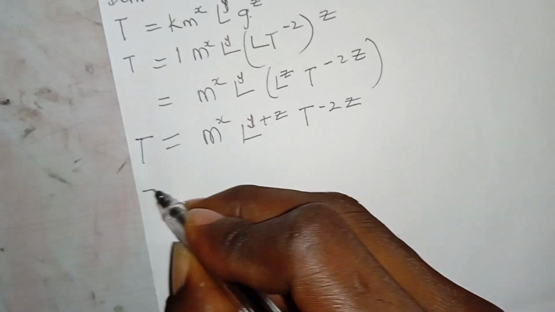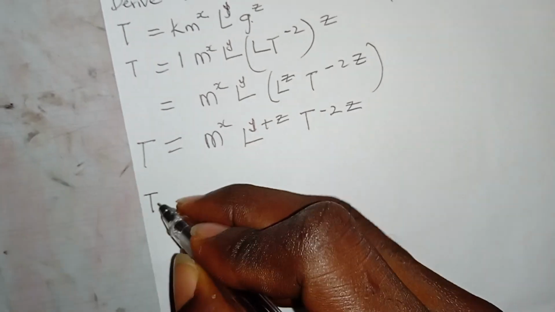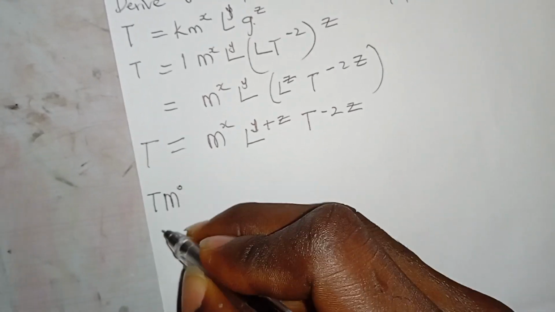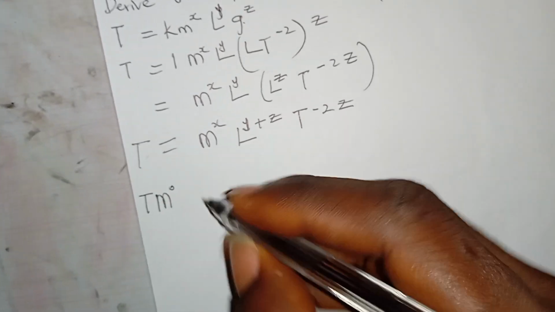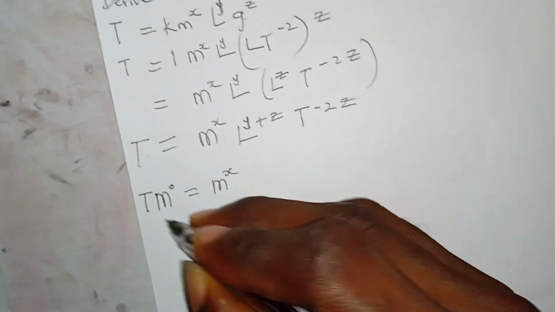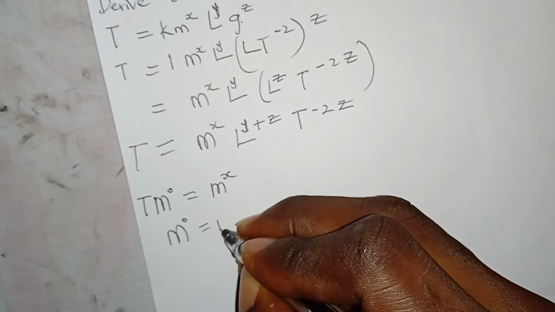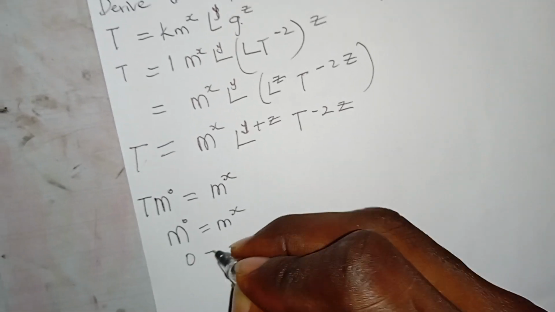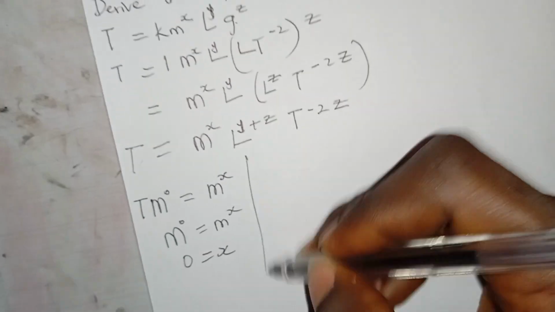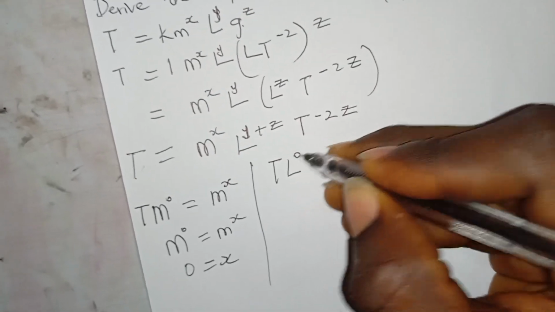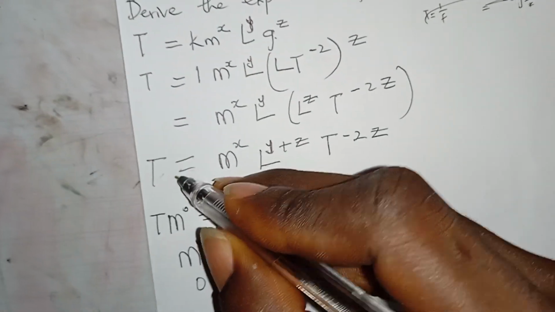Now let's ask ourselves, I have T. Do I have m on the left hand side? No. So it's the same thing as raised to power 0, because anything raised to power 0 is the same thing as 1. Then all raised to power x. So on this side, m^0 is equal to m^x, which means that x is equal to 0. Then this side I have T, l raised to power 0, because l is not found on the left hand side.